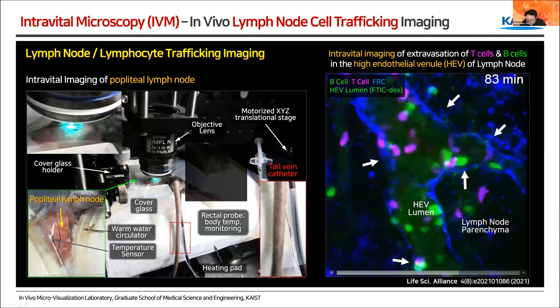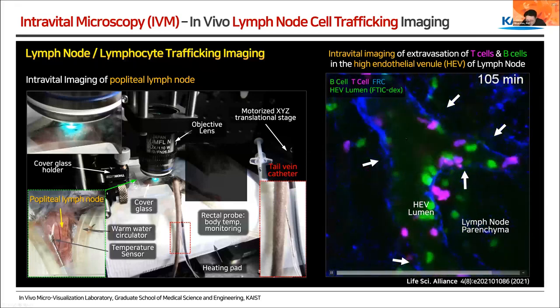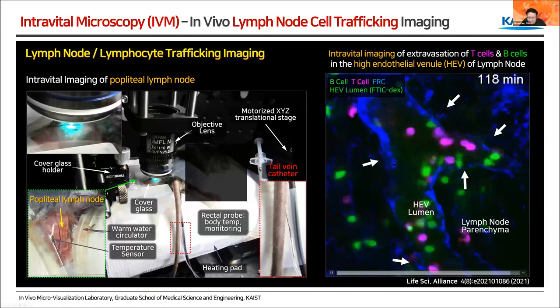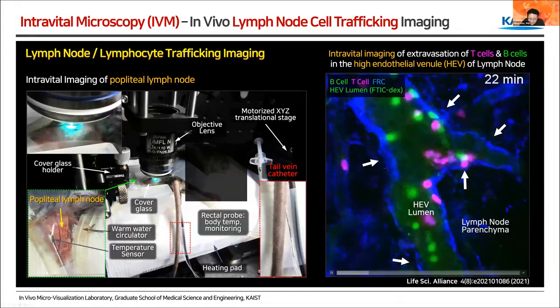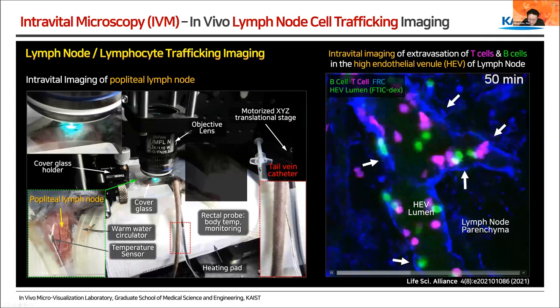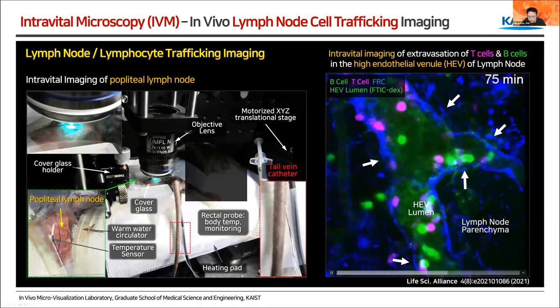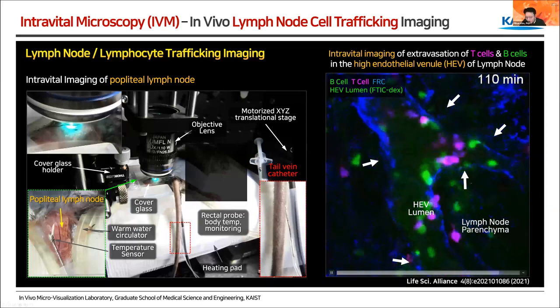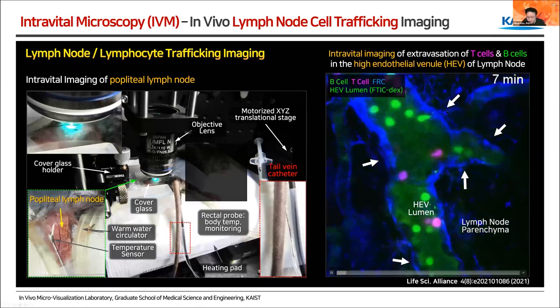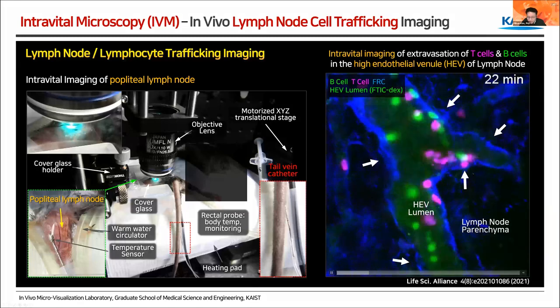In the middle, you can see the big vessel, and from inside of the vessel you can see the extravasation of the cells. These green and red cells get out from the vessel into the lymph node parenchyma through several junctional sites marked by these arrows.